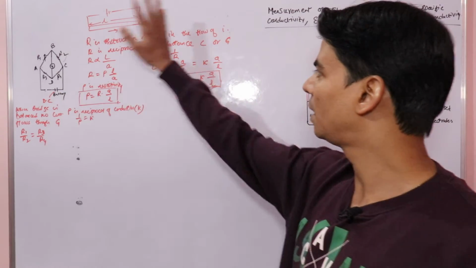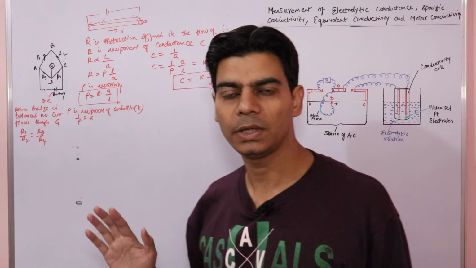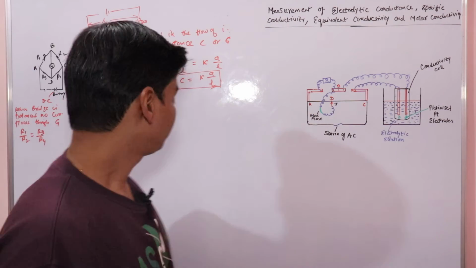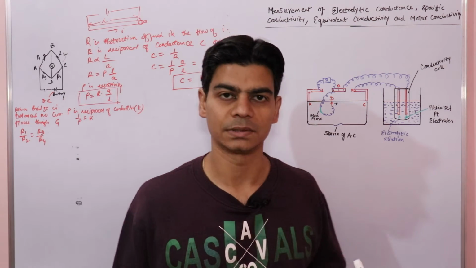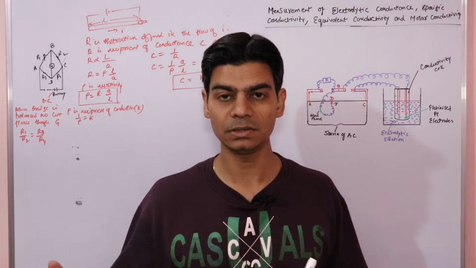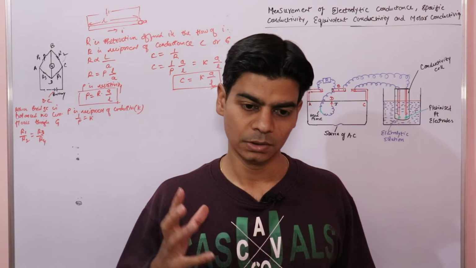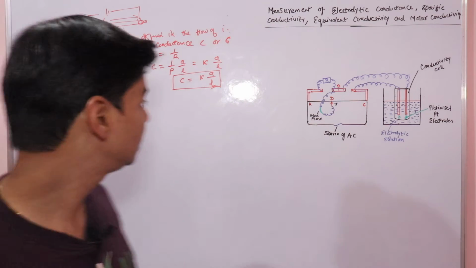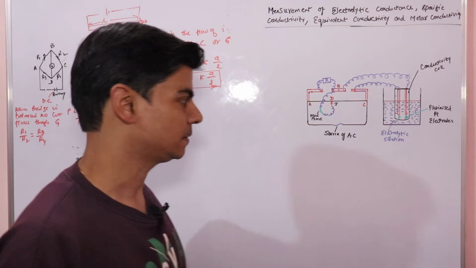Now we'll apply all these concepts here in the conductance of electrolytic solutions, right? Since we are trying to calculate the resistance or conductance of electrolytic solutions, if I know the resistance, then as per this relation I can calculate the conductance, right?